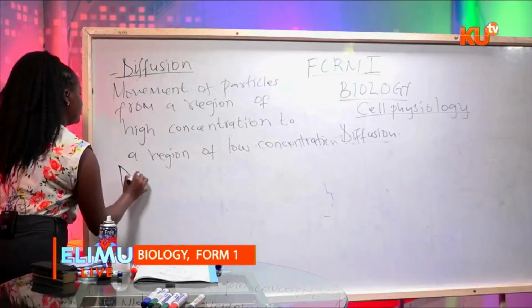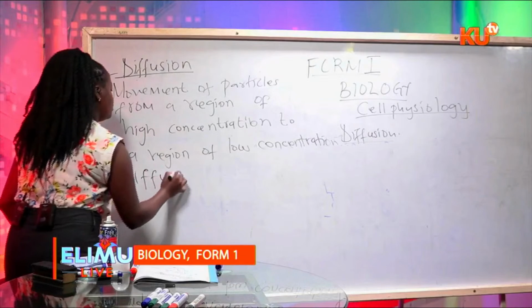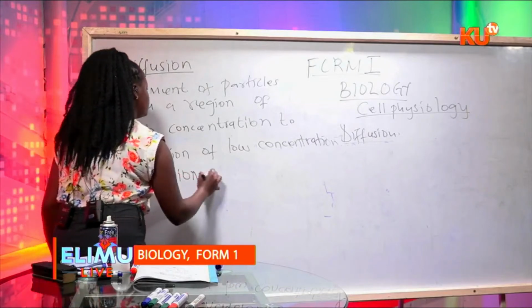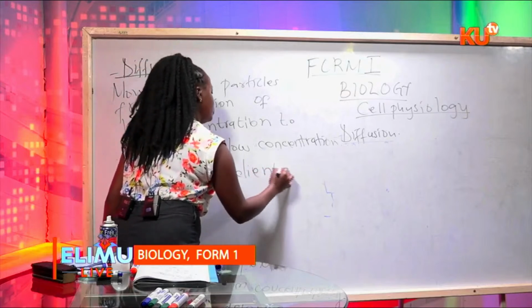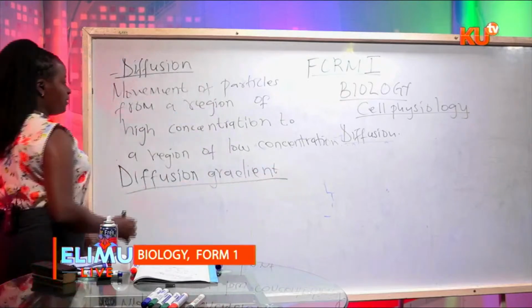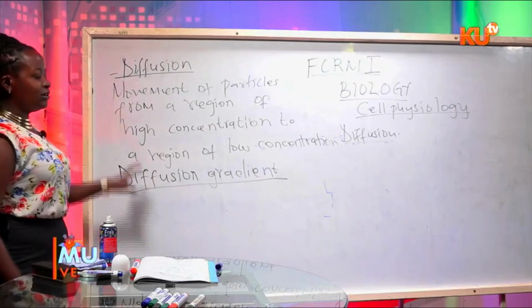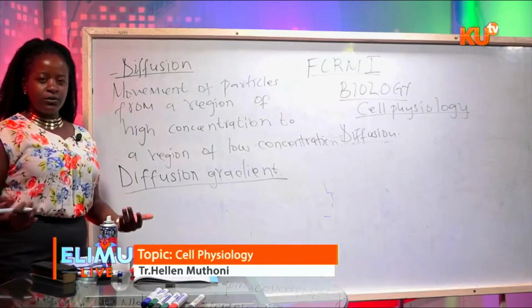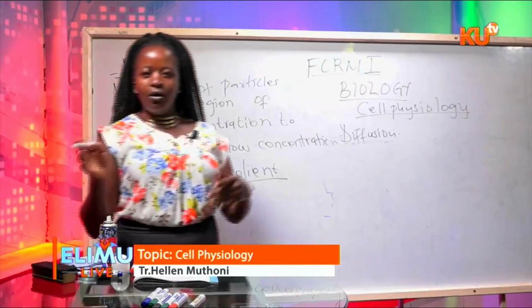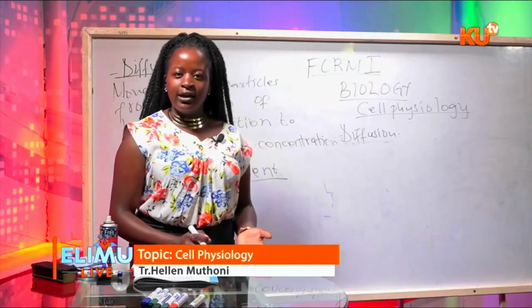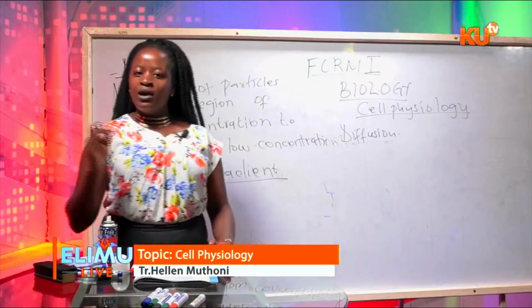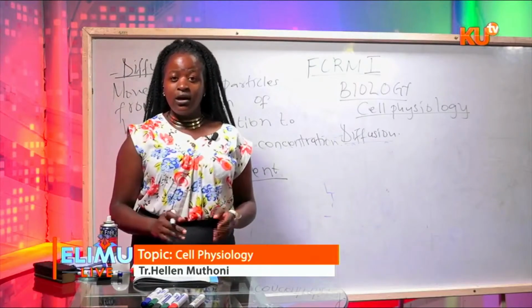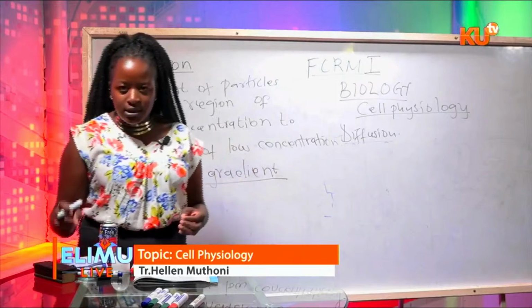Diffusion gradient. From this definition, we find that we have two regions. The region of high concentration and the region of low concentration. When we talk about concentration, we are talking about the amount.